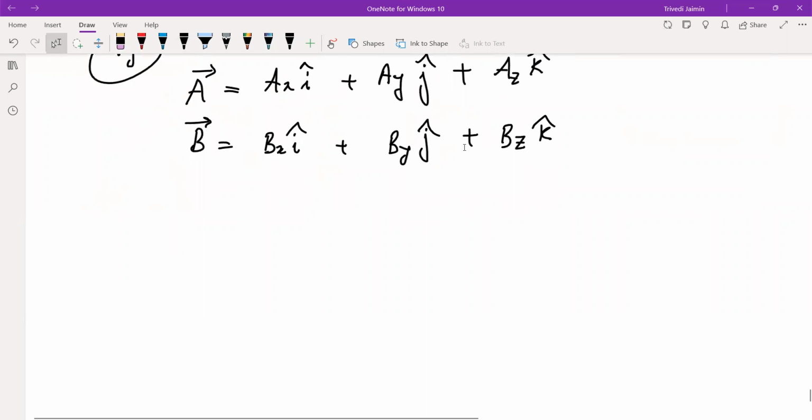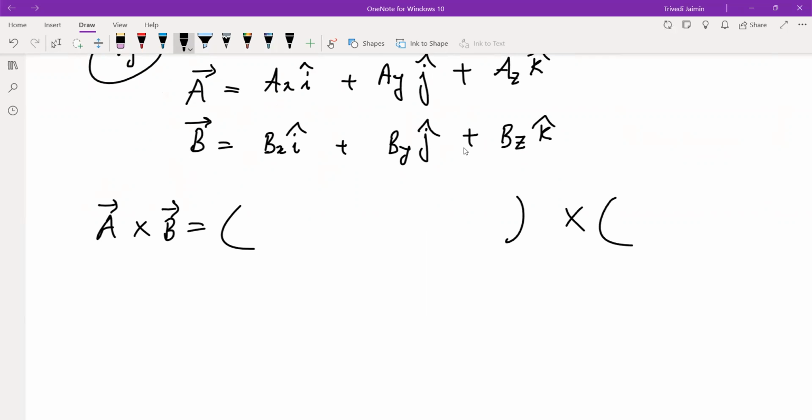Now what you have to find out? A cross B. So whole term here, cross, whole term there.